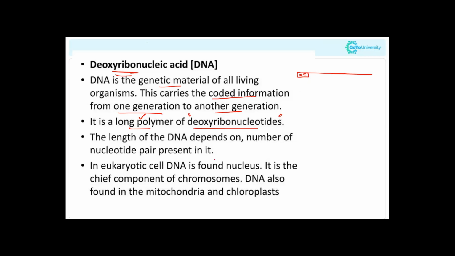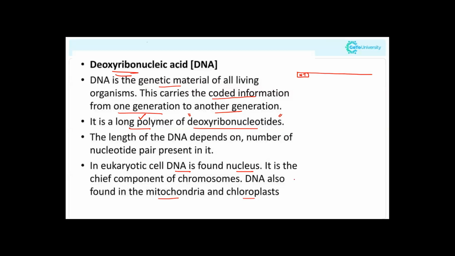In a eukaryotic cell, the DNA is found in the nucleus. It is a chief component of chromosomes, and DNA is also found in mitochondria and chloroplasts. We know that because of the endosymbiotic theory, as prokaryotes evolved to form the mitochondria and chloroplasts in eukaryotic cells, they have their own DNA.